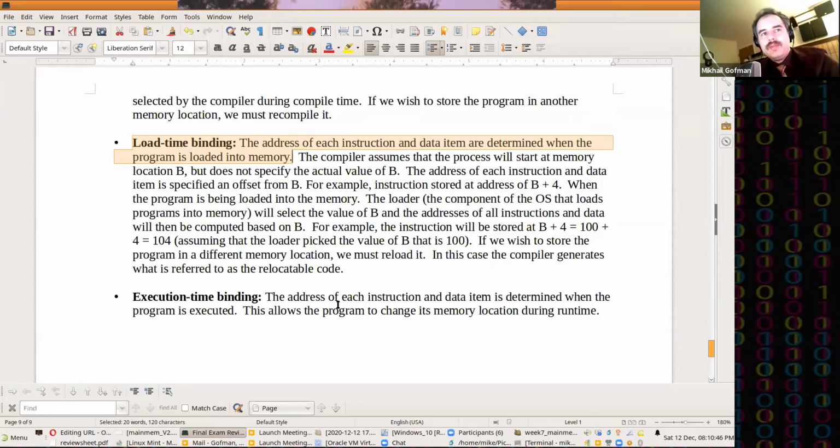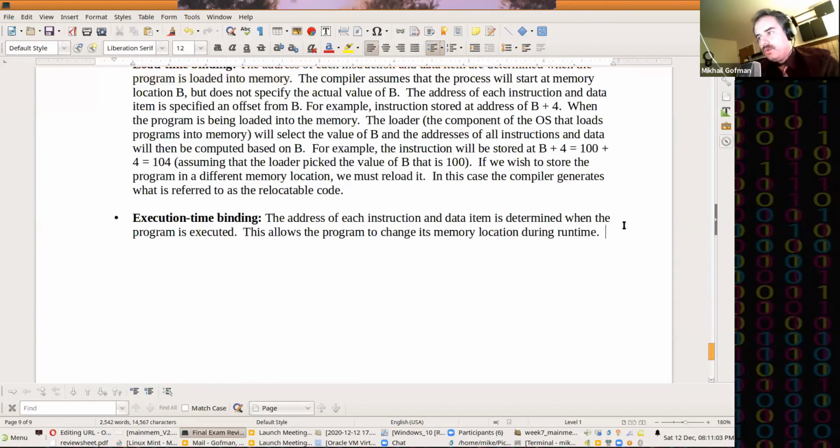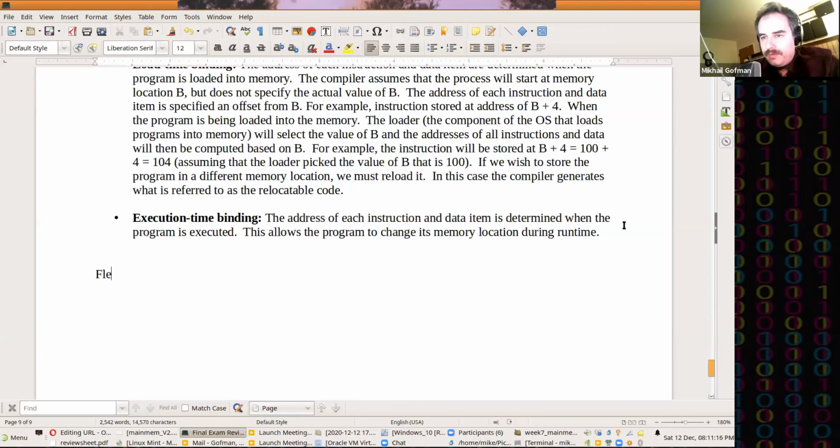The program can change its addresses. It can change where it is stored in memory during runtime. And we don't have to do anything, okay? And in terms of efficiency, I'll talk about that in a second. Now let's address the issue of flexibility.